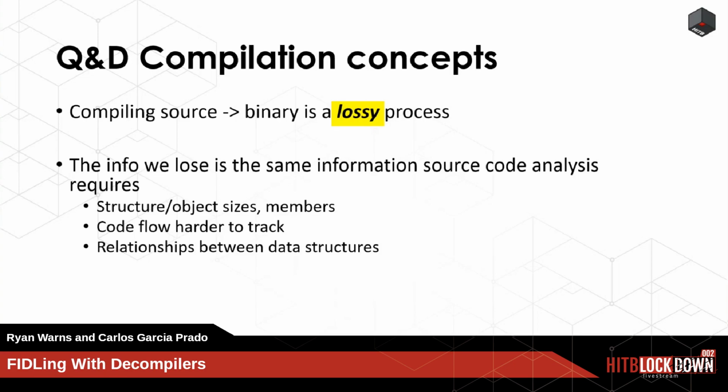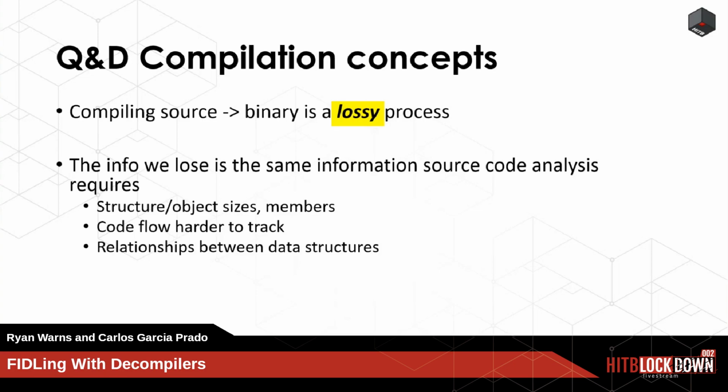But it's not beholden to how it gets from point A to point B. So things like structure definitions could be moved around. There are optimizations in place that might change how code works or how functions are compiled or how it looks or how it runs.